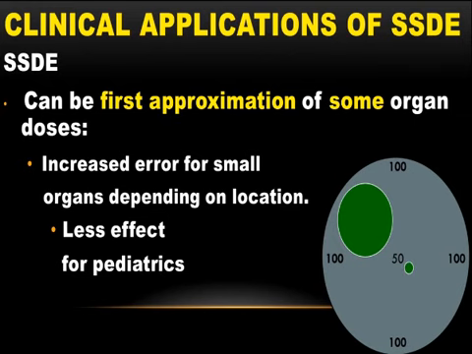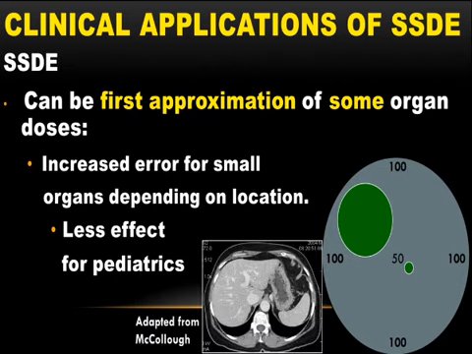However, for that small organ near the center of the patient, if I use the SSDE to estimate the organ dose, my SSDE is going to overestimate the organ dose because that small organ is close to the center of the large phantom.